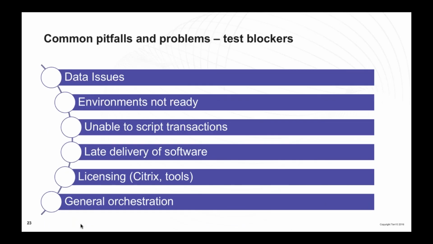That's a scenario we see quite often. Environment's not ready. When you do a smoke test of the environment when it's first available, so this is a low-level test just to make sure it works end-to-end, we often encounter a number of problems there. When you encounter those problems, they then need to be resolved, they need to be investigated, and that can be quite a sink of time before you're actually able to execute your performance tests.